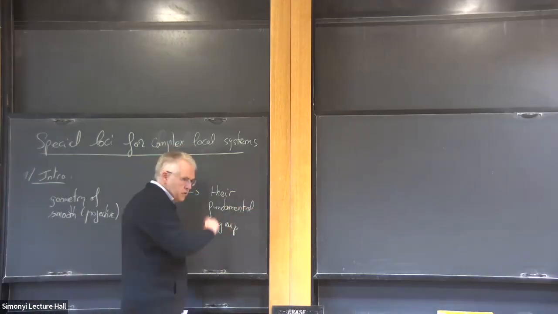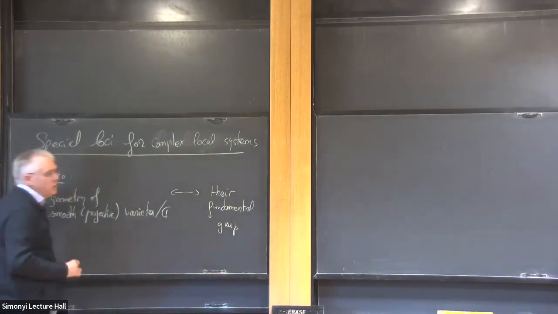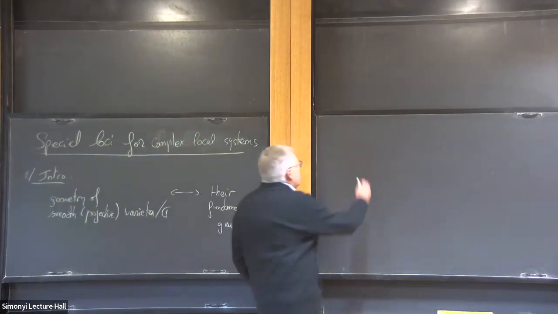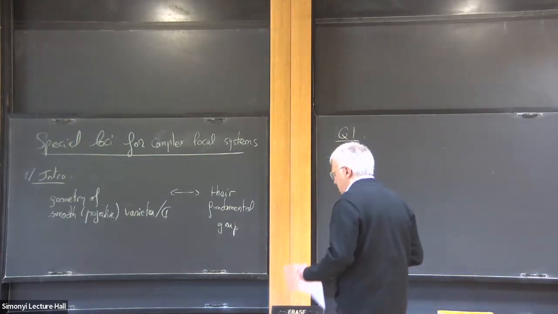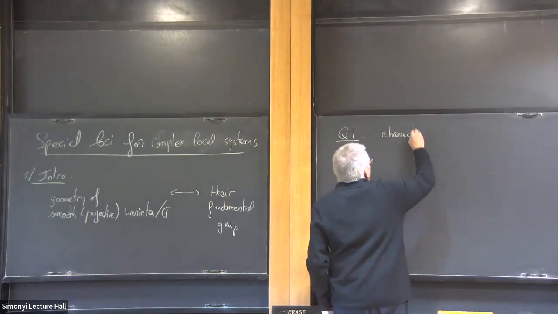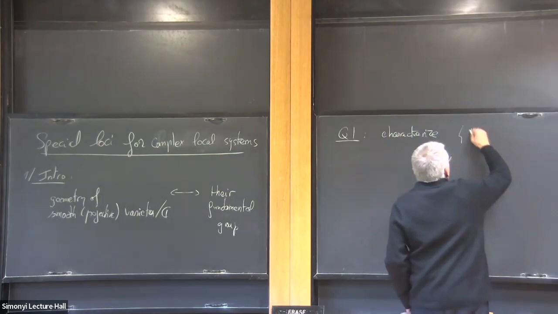In this talk, I would be only interested in algebraic varieties whose fundamental group is infinite. You can ask two very general questions on which we know very little. First of all, characterize such pi ones inside finitely presented groups.